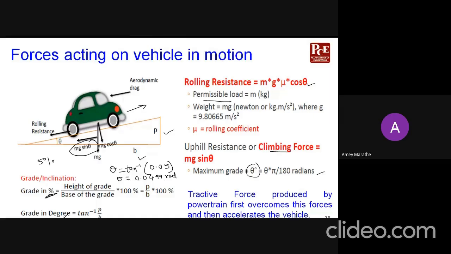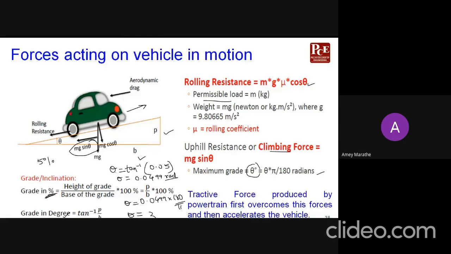Okay, and how can I convert this radians into degrees? Simply if I multiply 0.0499 by 180 by pi, I can convert this into degrees. So if I just do this calculation, 0.0499 into 180 by pi, that gives me a slope of about 3 degrees. Okay, just check my calculation. Maybe this is 3 degrees.